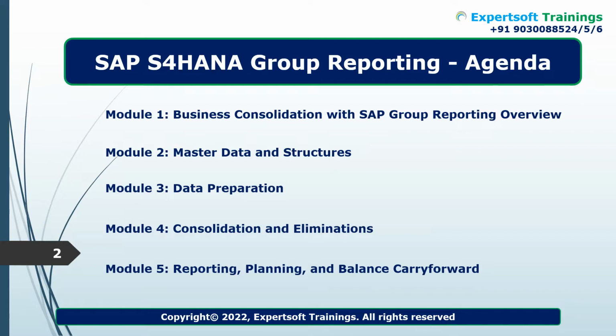Apart from that, within module 5, we also have planning. Planning means consolidation planning, not the regular revenue planning or cost center planning. This is planning related only to consolidation. That we are going to discuss as part of module 5.